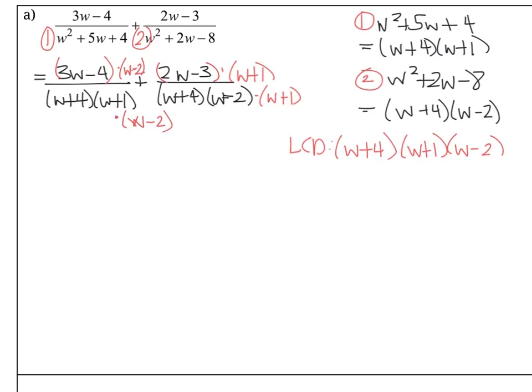So if I rewrite this now, in the numerator we have 3w minus 4 multiplied by w minus 2.